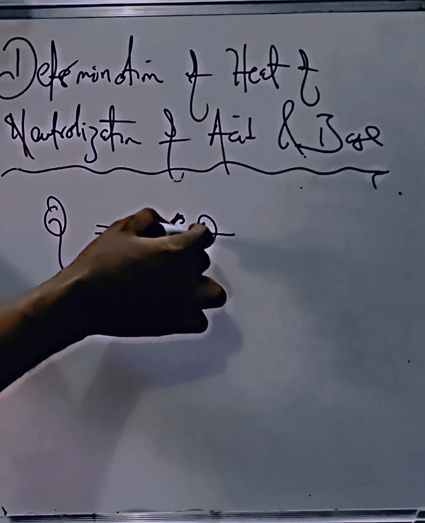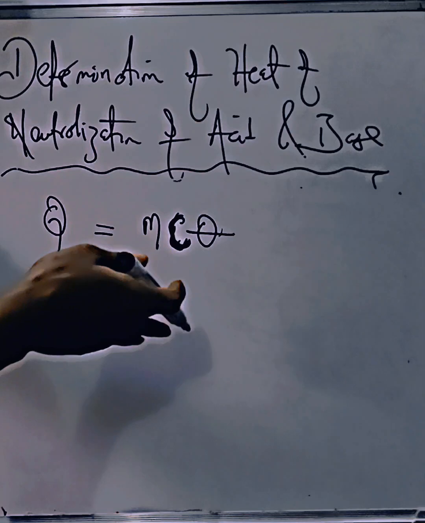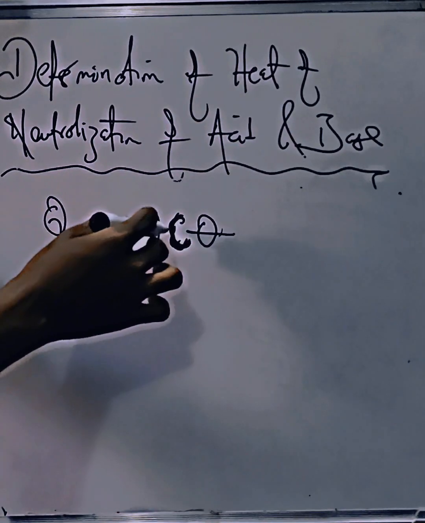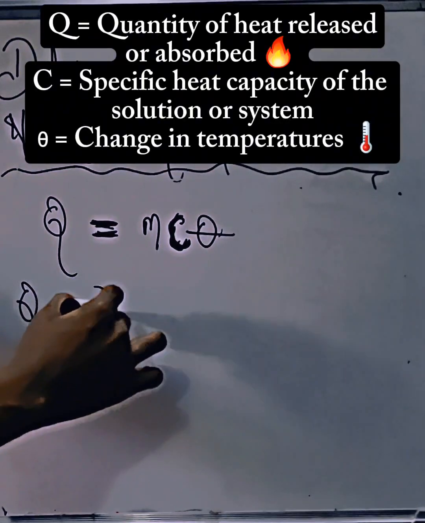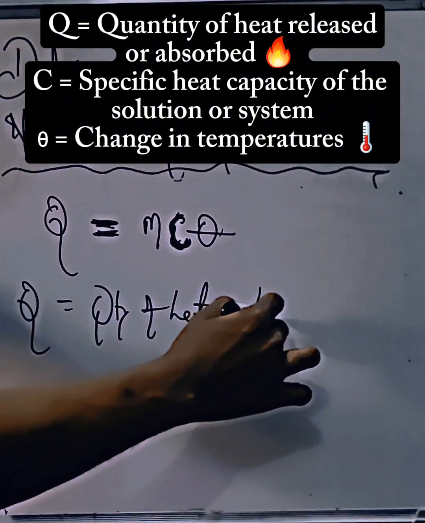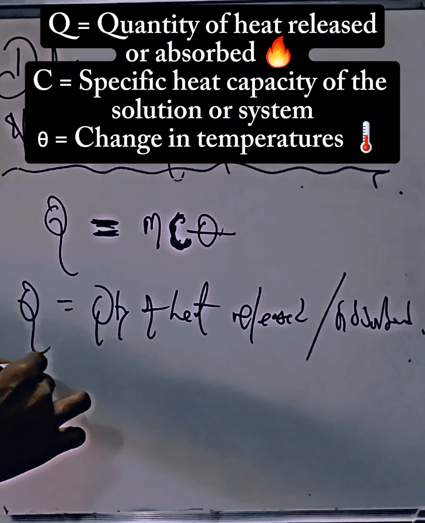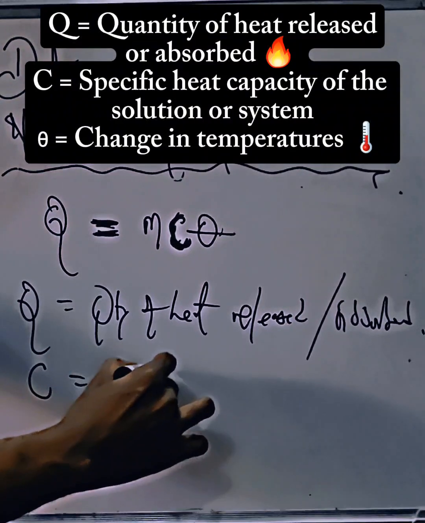And then we have the temperature change between the reactant and product, or the system, or whichever is being considered. So we have the quantity of heat given by this formula. Now, Q is quantity of heat released or absorbed. Then we have C, like I said, the specific heat capacity, SHC.